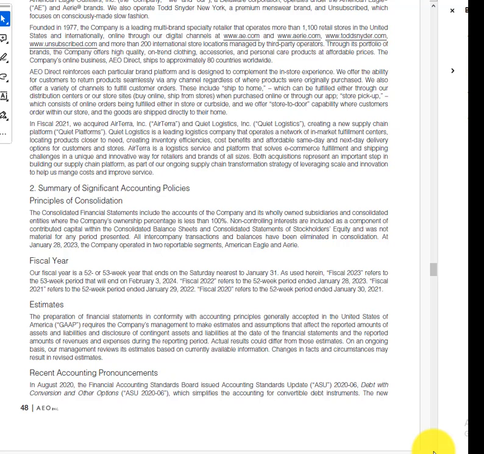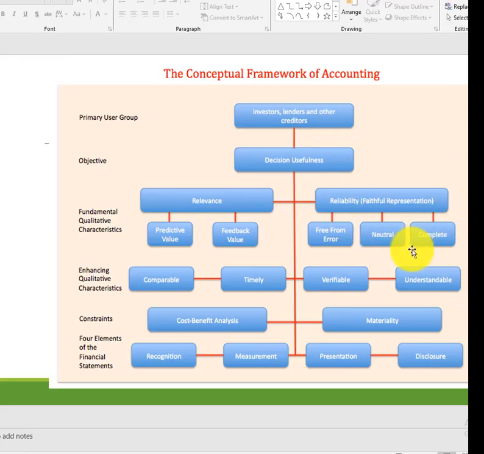Sounds like a mouthful, but what that means is all of the company's subsidiaries, all of the pieces have been included. So we have been, you might say, complete, to make sure that it is reliable. We haven't left anything out that we own or control.